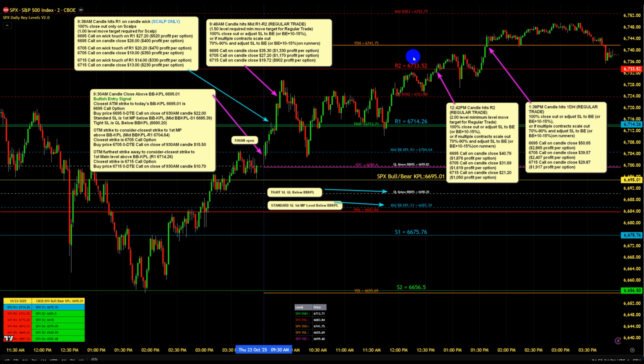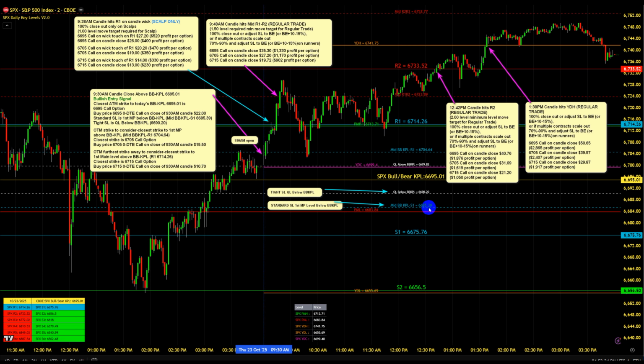So on bullish trades off of any main level, including the bull bear key price level, your standard stop loss on bullish trades is going to be the first midpoint level below the level you're trading the bullish entry signal from. So in this case, this is your standard stop loss, the first midpoint level below the level we're trading, the bull bear KPL.